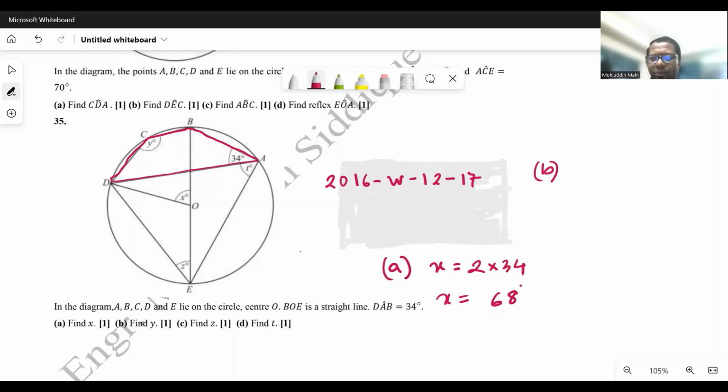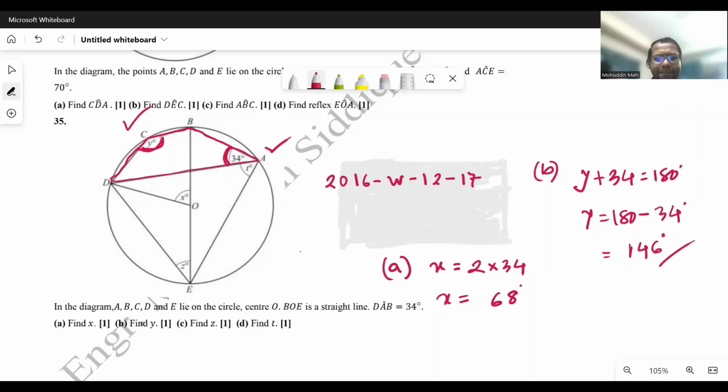And in a cyclic quadrilateral, the sum of the opposite angles is always 180 degrees. So angle C, that means angle y, and angle BAD, that means 34, are opposite. So y plus 34 equals 180 degrees. So y equals 180 minus 34, so 146.